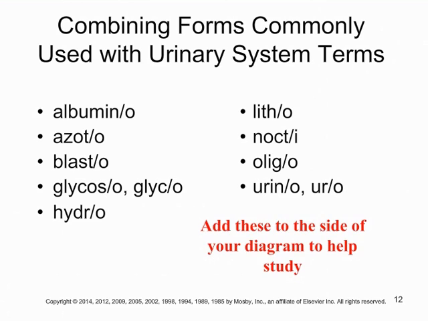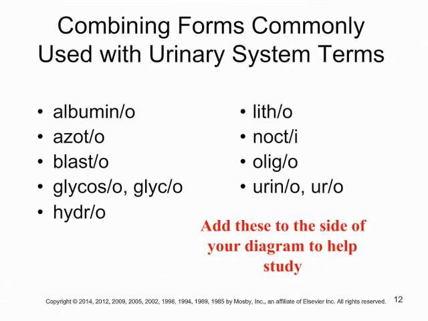Hydro means water. Litho, I think we've seen this one before, but it means stone or calculus, which is the fancy medical way of saying a stone. So when we talked about gallstones in the digestive chapter, we saw litho, but now in this chapter we're going to talk about kidney stones. Nocti, think of nocturnal.